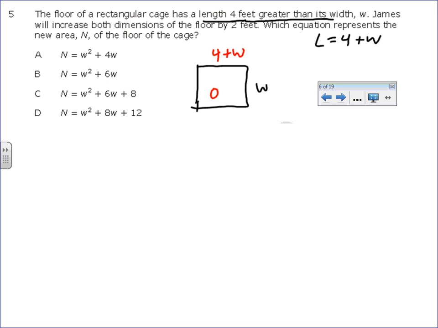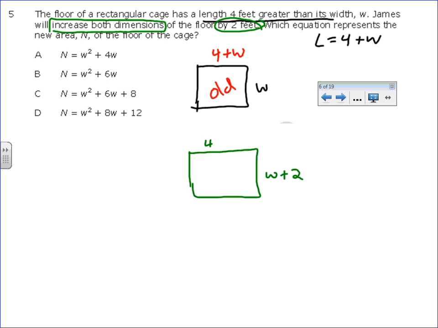Okay, so this is my old cage. James is going to increase what? Both dimensions. He's increasing both dimensions. By how much? By 2 feet. So in my new rectangle, I've got W plus 2, and I've got 4 plus W plus 2. This is the new rectangle. Well, what does that simplify to?